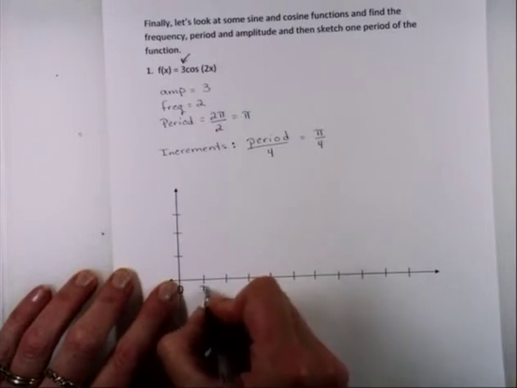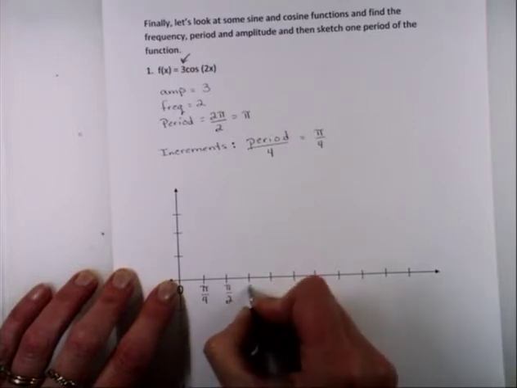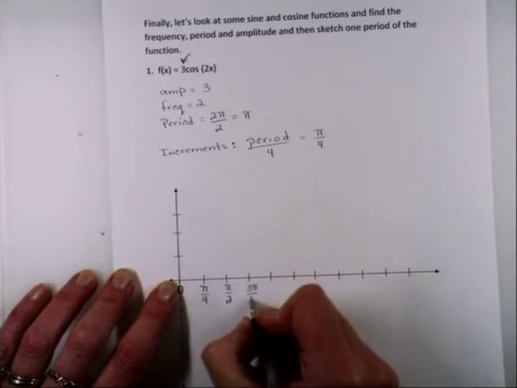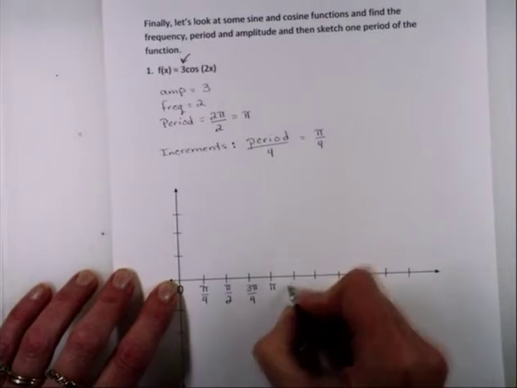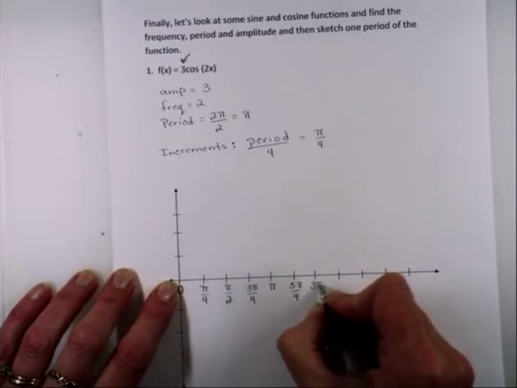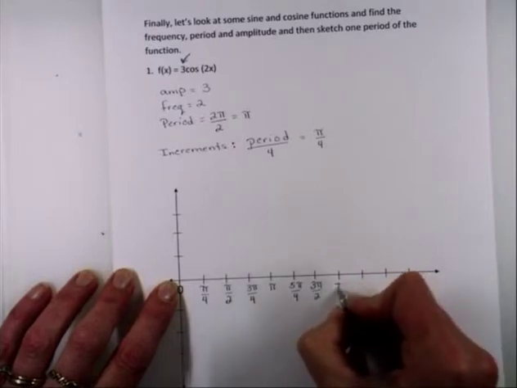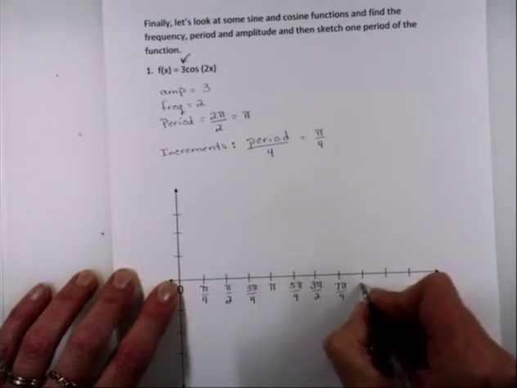0, pi over 4, 2 pi over 4, which I can reduce to pi over 2, 3 pi over 4, 4 pi over 4, which is just pi, 5 pi over 4, 6 pi over 4, which is 3 pi over 2, 7 pi over 4, and 8 pi over 4, which is 2 pi.